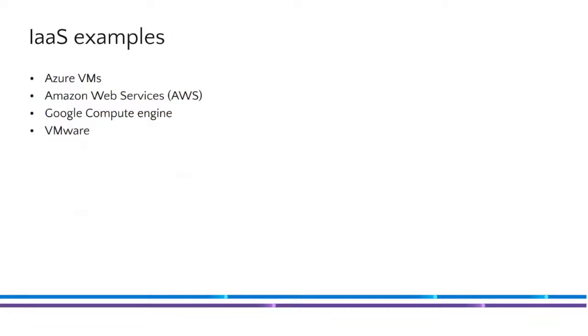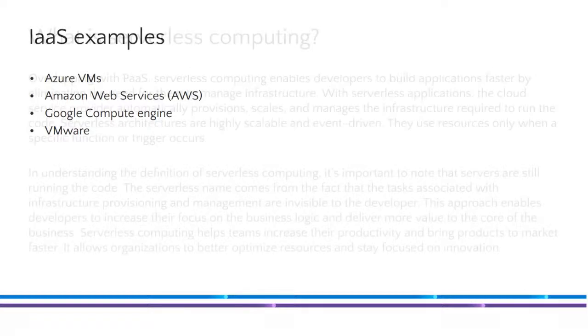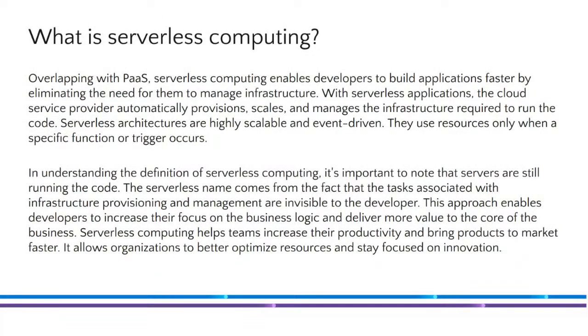Google Cloud Compute Engine, VMware. These are examples of infrastructure as a service. Now, let's talk about serverless computing. It overlaps with PaaS, because serverless computing enables developers to build applications faster by eliminating the need to manage the infrastructure. Cool.